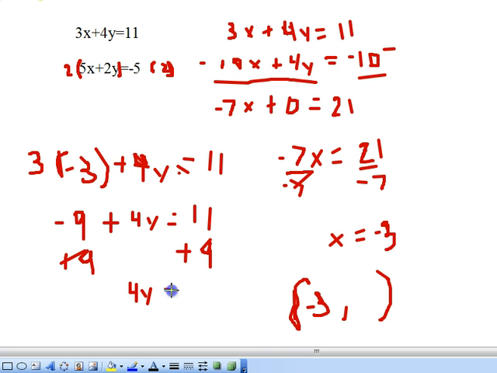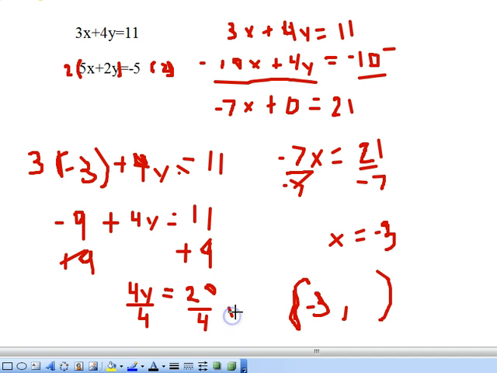Equals, that's better. 11 plus 9 is 20. Then we're going to divide by 4, because remember we're isolating that y variable.